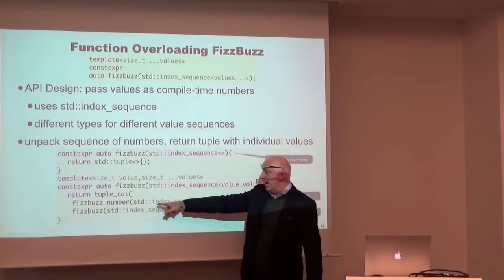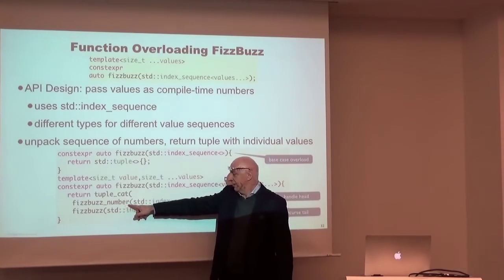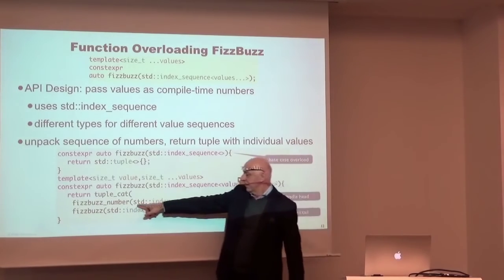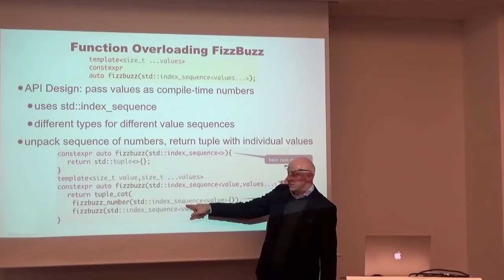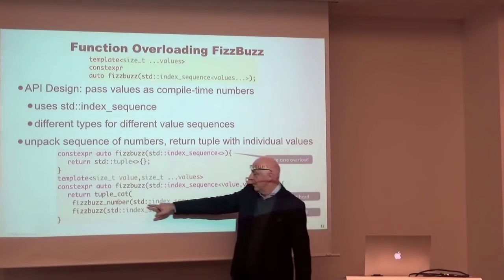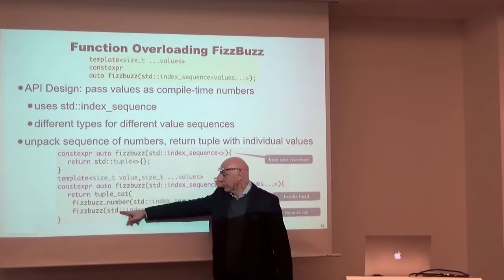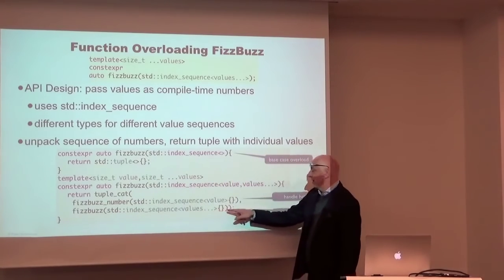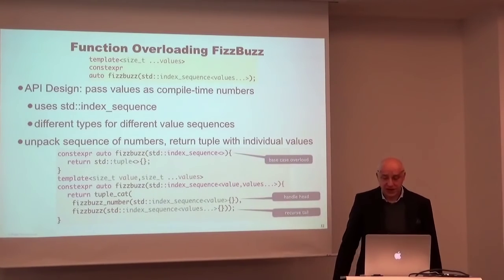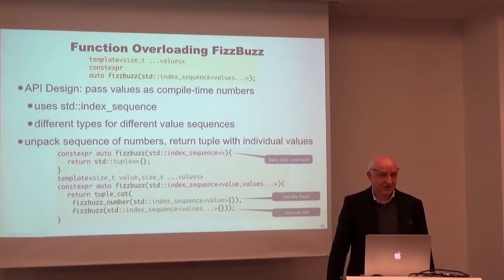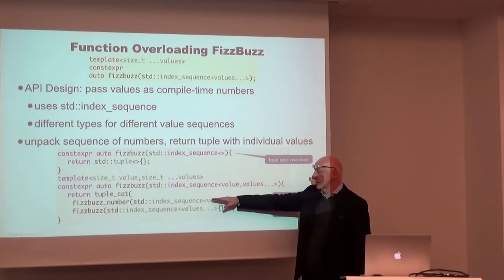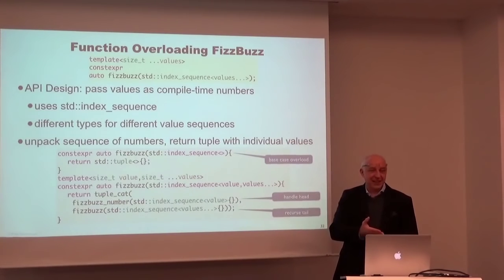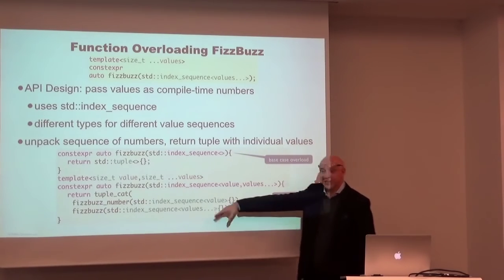And I combine using tuple cat the tuple I get from this special case single value index sequence. I could have used integral value here. Function call with the list of output of the rest. So again, recursion: chop off the head, like in the French Revolution, and then do something with the body.